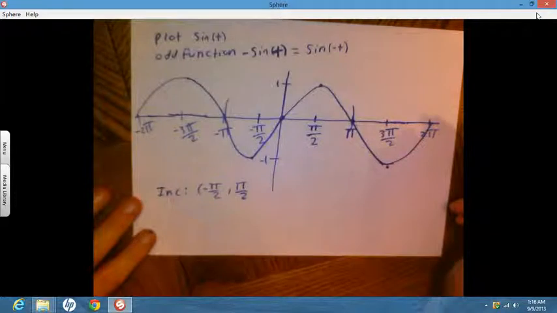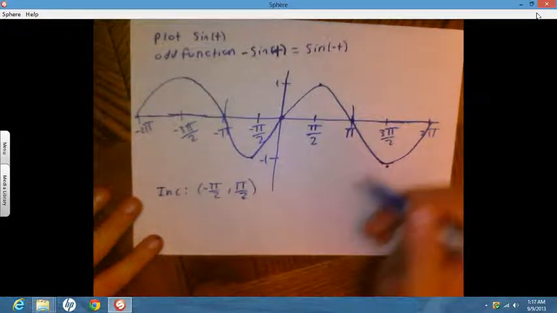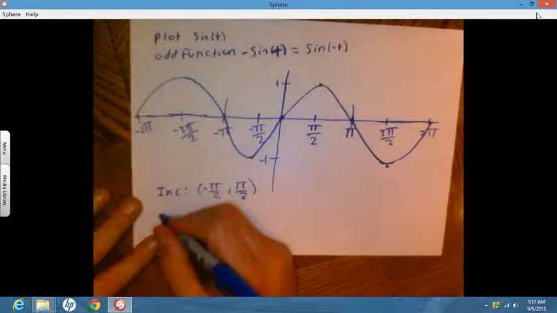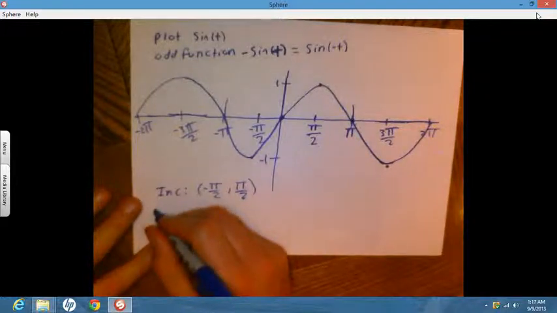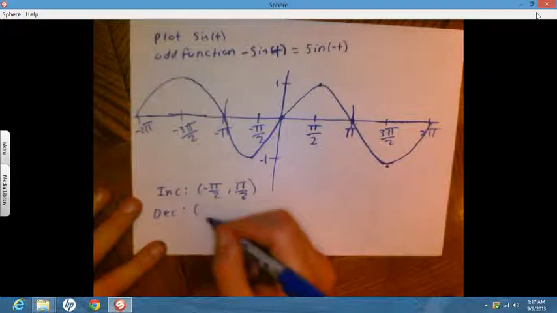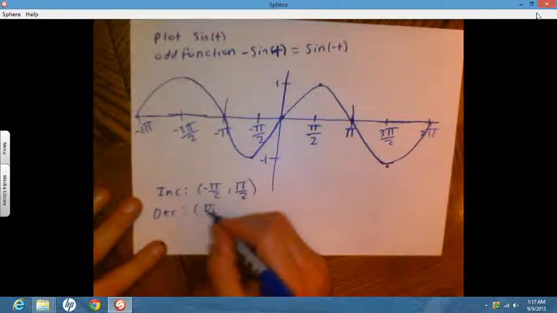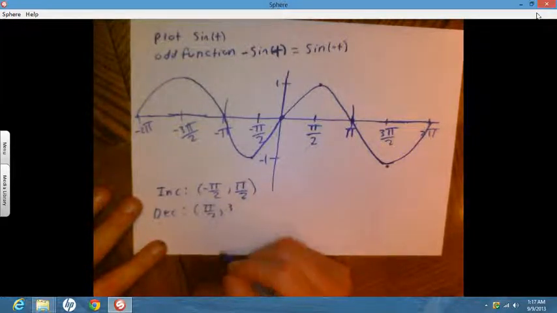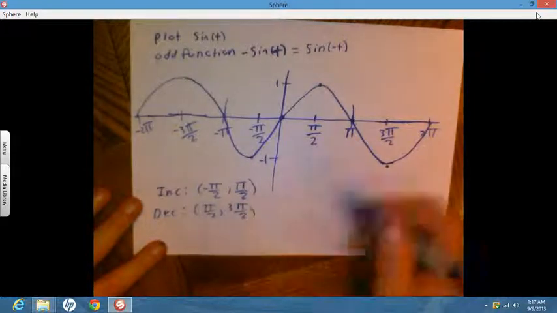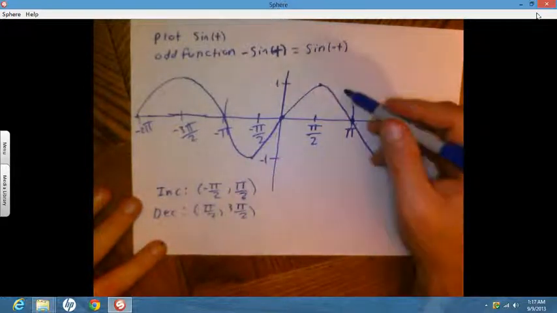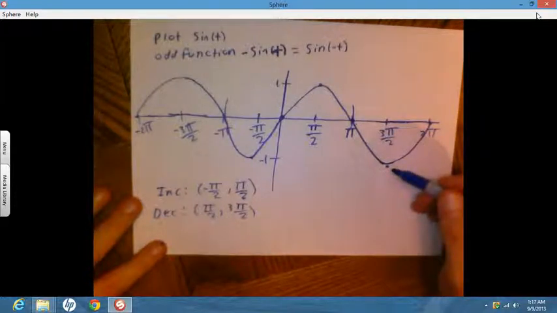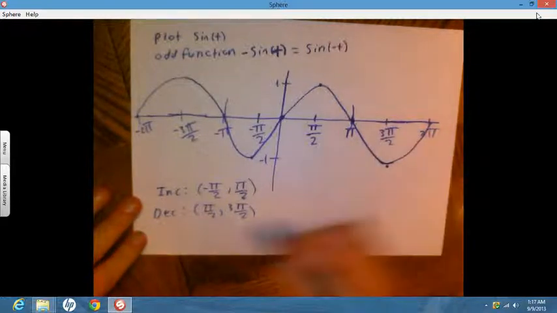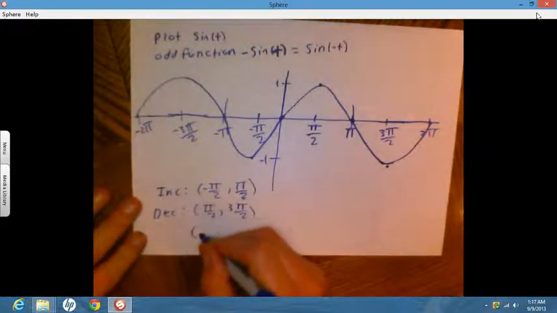It's decreasing from pi over 2 to 3 pi over 2. Right? It's decreasing here. And it's also decreasing from negative 3 pi over 2 to negative pi over 2.